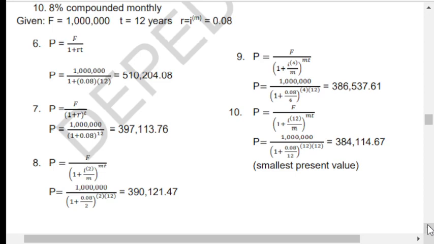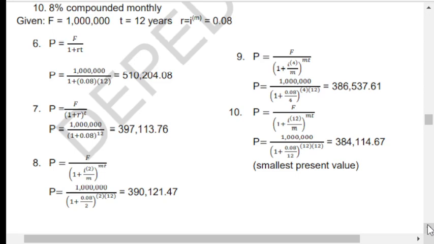Okay. Next we have number 9, compounded quarterly. Therefore, you are going to divide 0.08 by 4, and then the exponent 12 will be multiplied by 4.